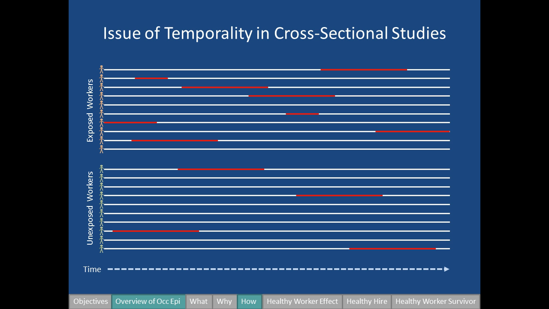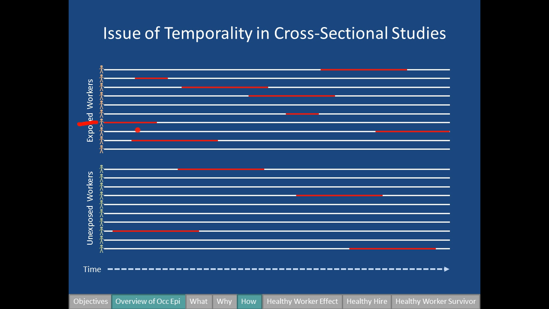So here, let's see if I can get this pin to work. This individual was actually sick before, had the disease outcome before they entered the workplace. So they had the outcome before they were exposed. So the exposure cannot cause something that happened in the past.